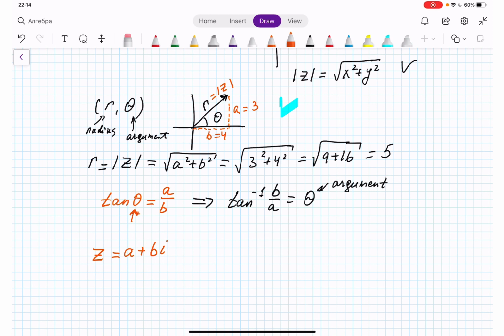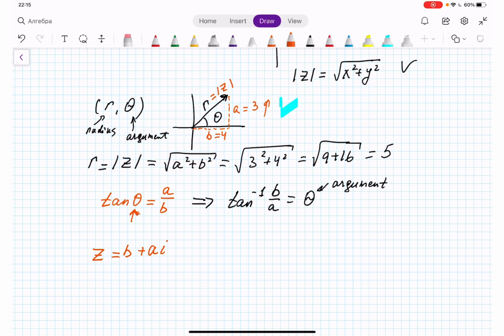Actually, it's going to be opposite, because my a is y. Let me write it down. It's going to be the real portion, which is going to be b, and I'm going to put plus ai, because this portion is going to be our imaginary, the vertical line, the y-axis.